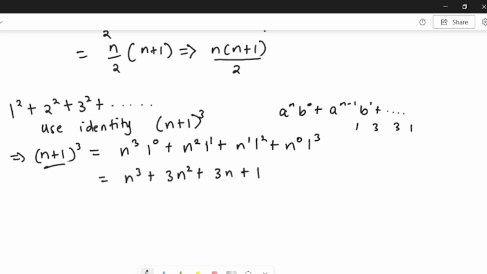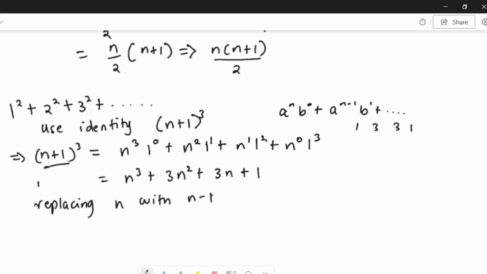So our value n plus 1 cubed is going to decrease by 1. So in our next step, we're going to replace n with n minus 1.